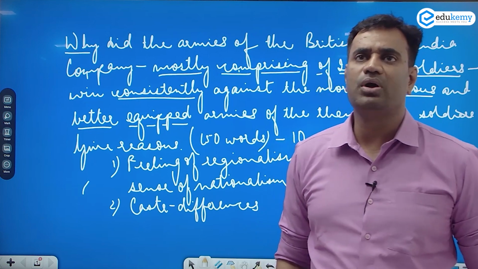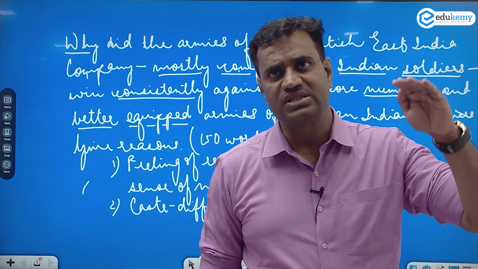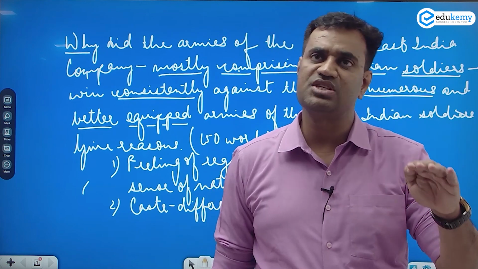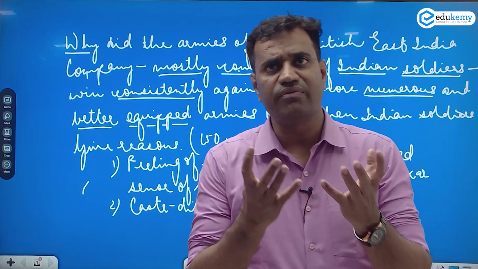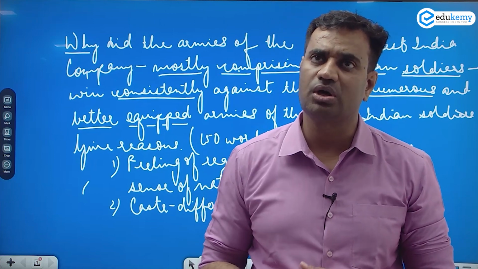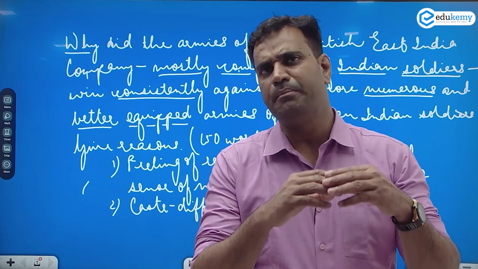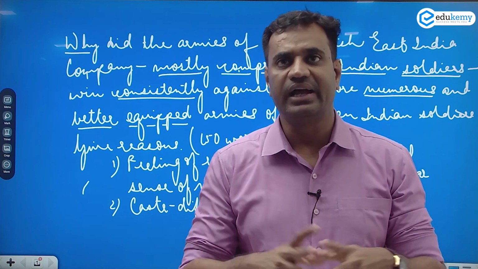A large number of people in Indian society had differences related to caste. Upper caste people did not tolerate lower caste people, and that is why the sense of unity or bonding was missing. And because of this lack of bonding and unity, it became much easier for the British to recruit a large number of Indians to defeat Indian powers.